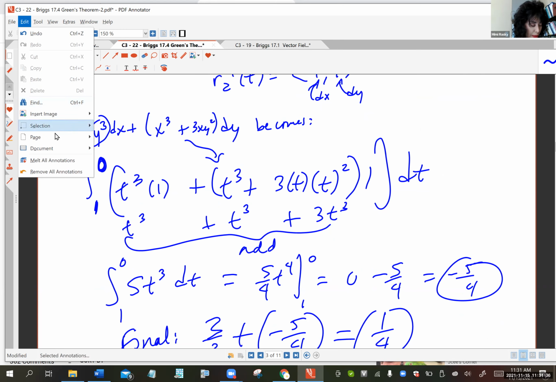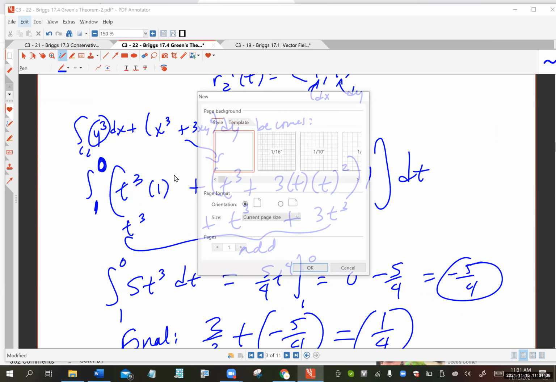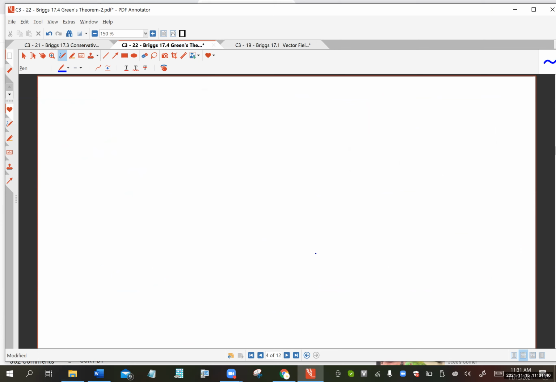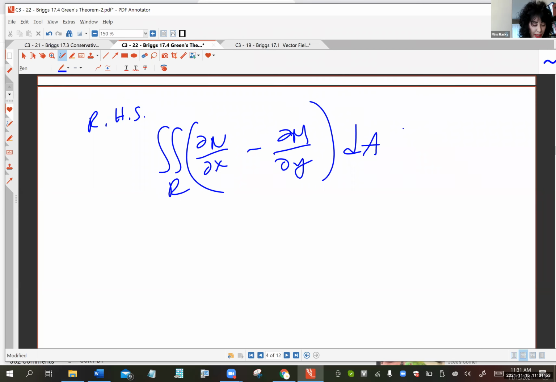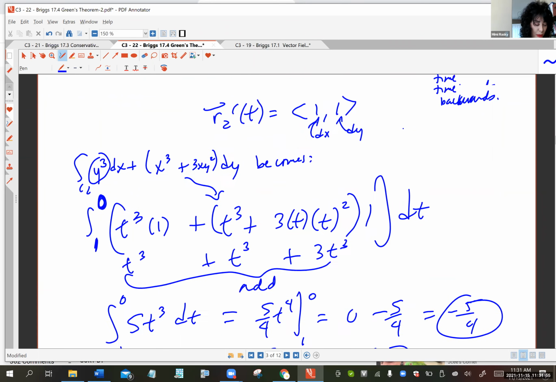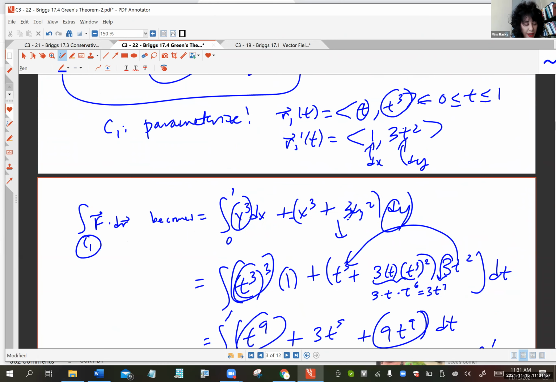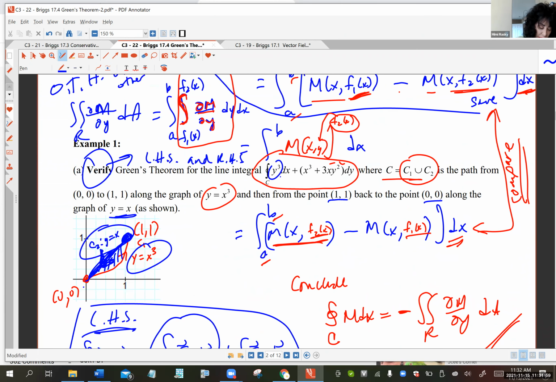So I need more paper. So the RHS, right-hand side of Green's, says dN/dx minus dM/dy. Now, what was the M and what was the N? Well, if you go back to the original problem, the M and the N are there for you. So M is y cubed and N is this sum.